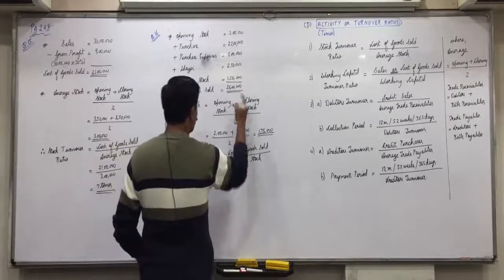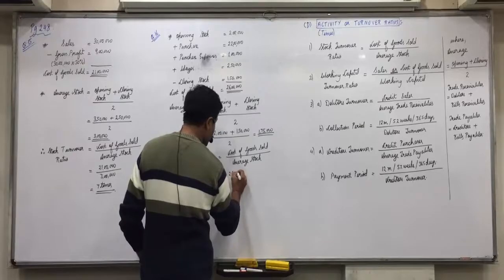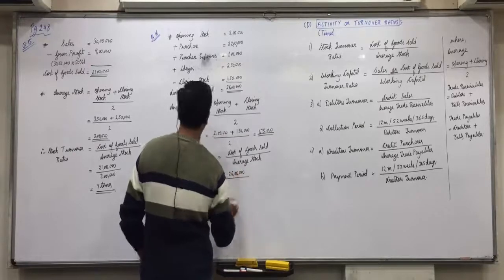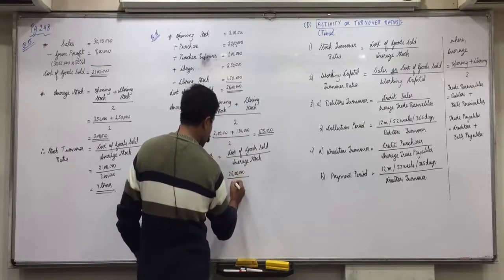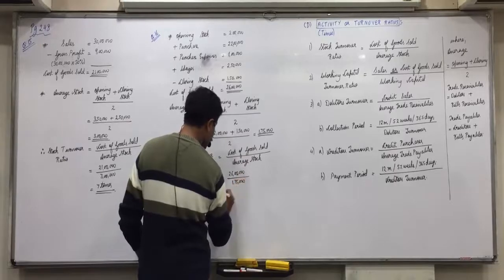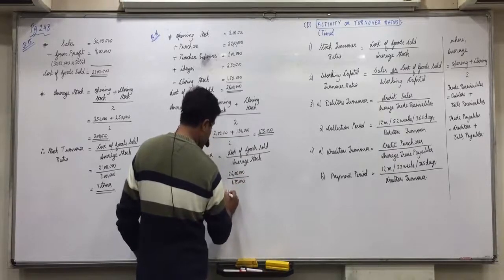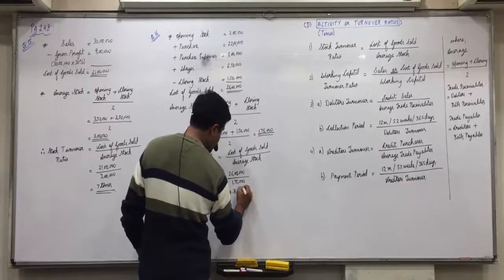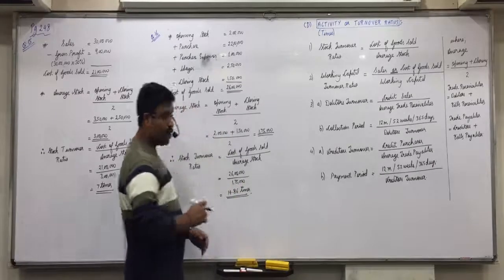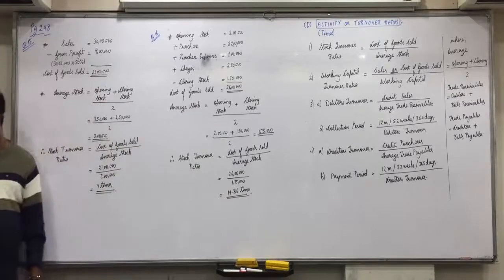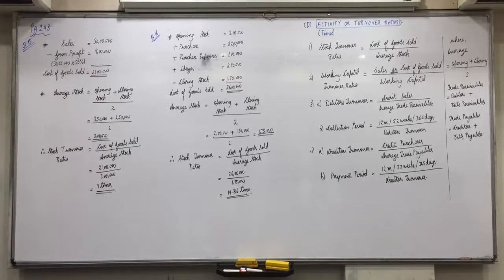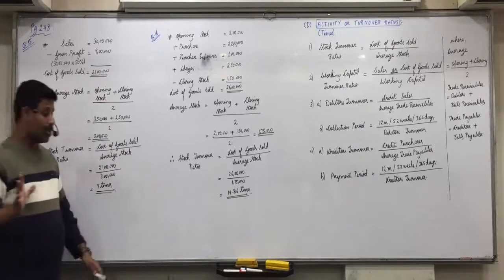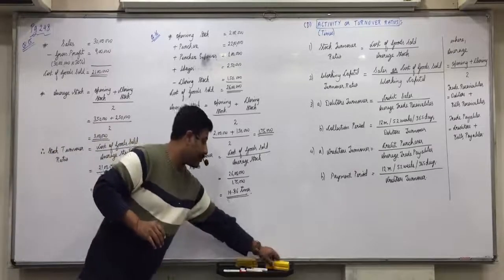Cost of goods sold 26 lakhs divided by average stock 1,75,000, 14.86 times. Don't forget to mention times. So everyone is clear with stock turnover ratios calculation?